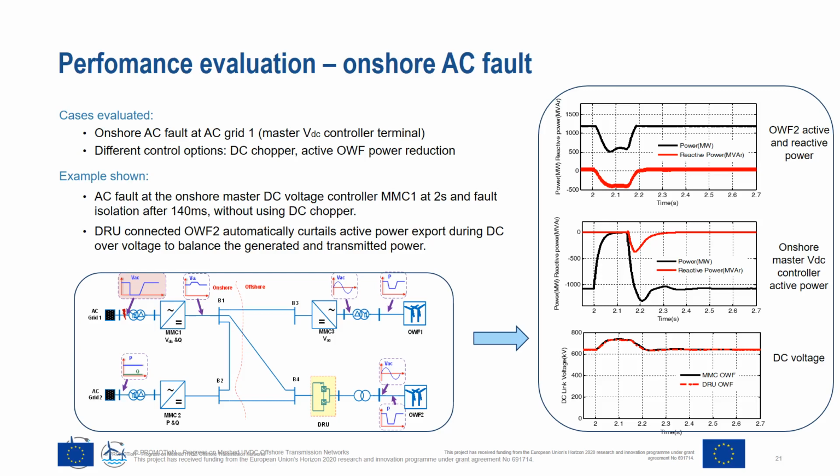This helps to limit the DC voltage rise. When the fault on the onshore AC side is cleared, the power generation from the offshore wind farm 2 and the VDC voltage go back to normal operation very quickly.